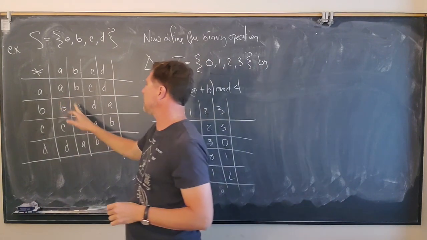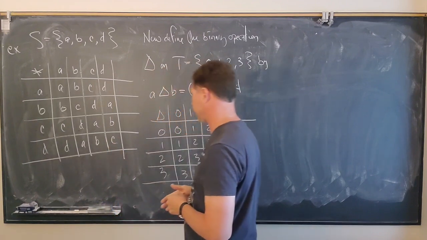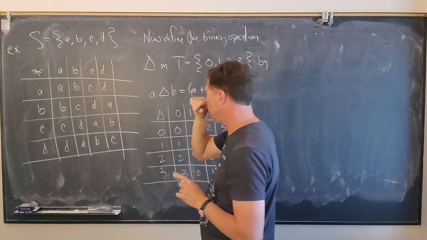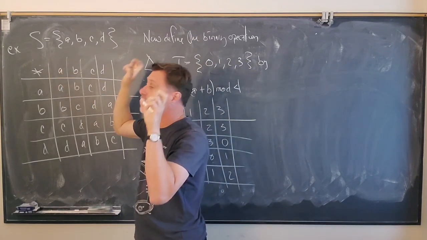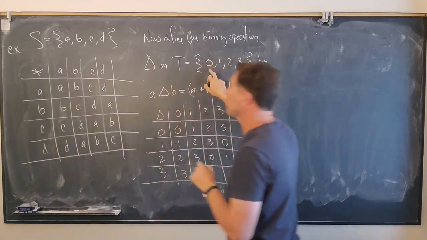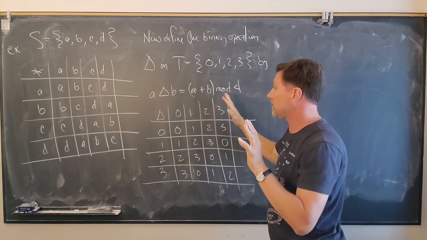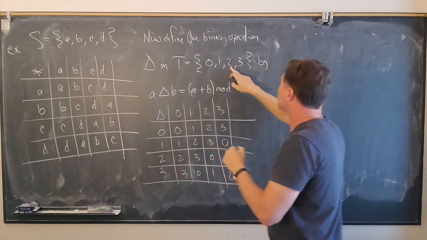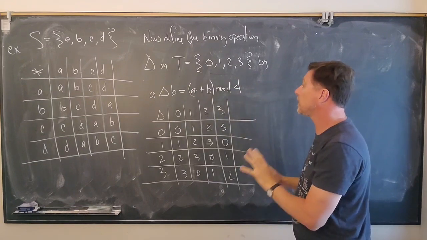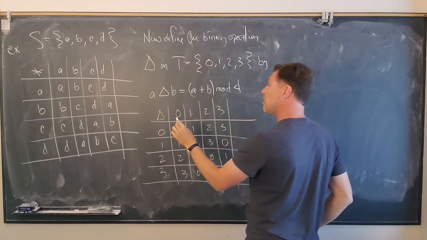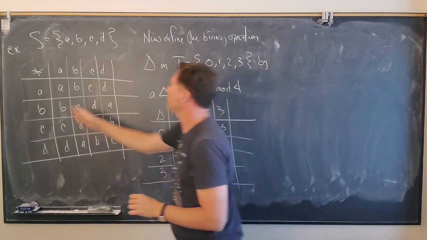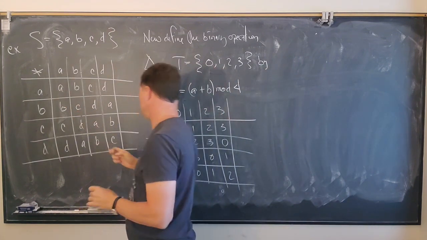It goes A, C, A, C. And notice A is the first element in S, while 0 is the first element in T. C is the third element in S, and 2 is the third element in T. So notice it goes first element, third element, first element, third element, and so on.